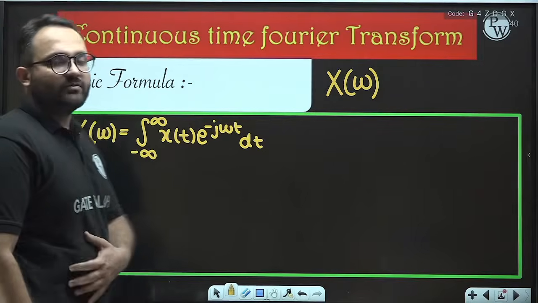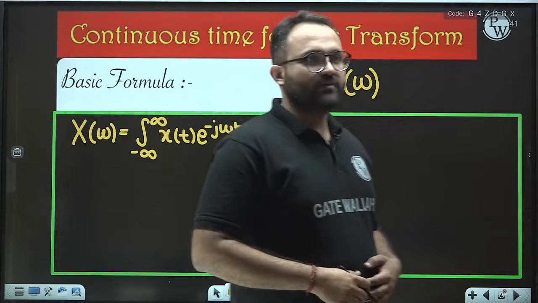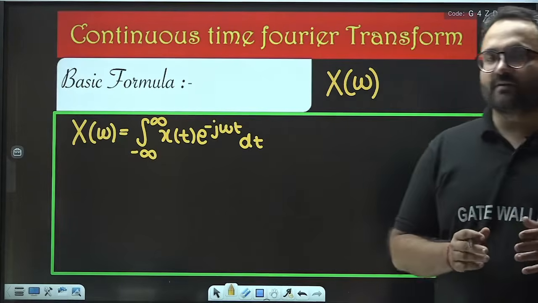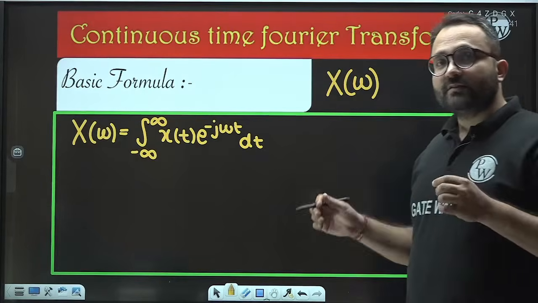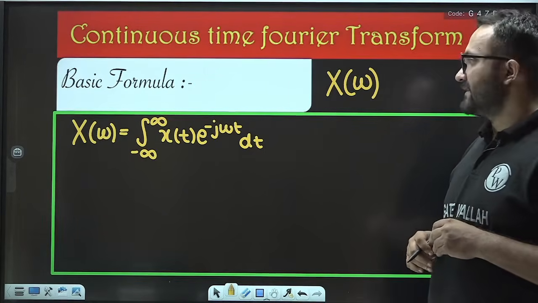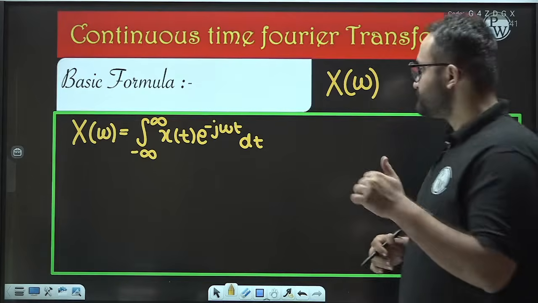And we know when this formula is applicable, because in the starting of the Fourier Laplace transform I told you that this formula is valid only when x(t) is absolutely integrable.